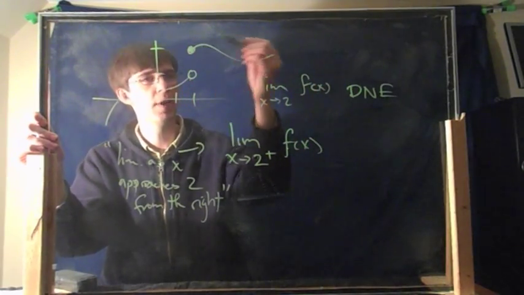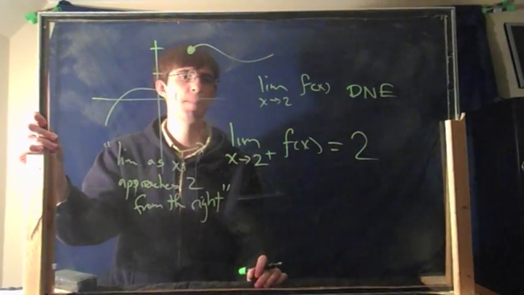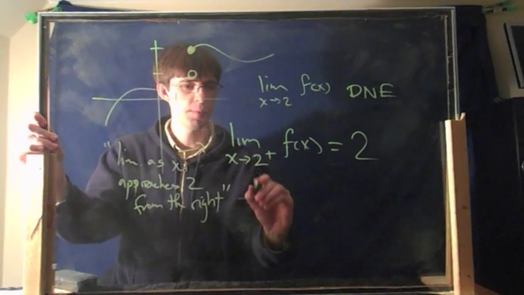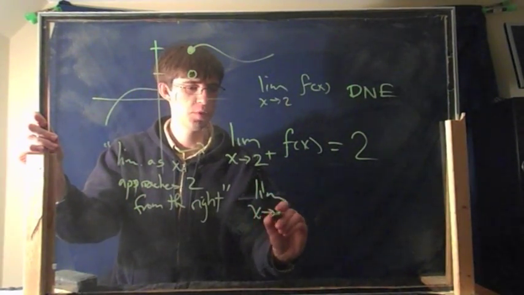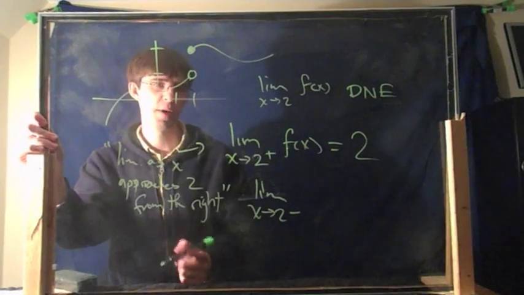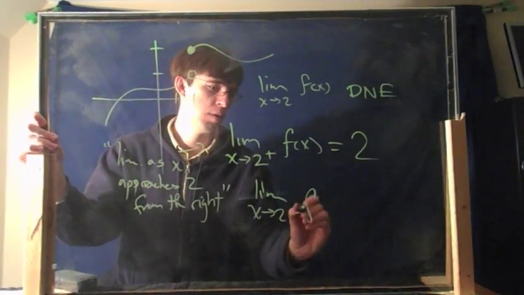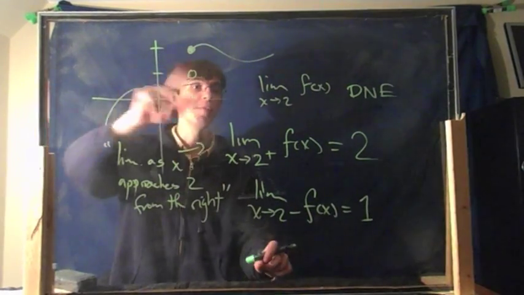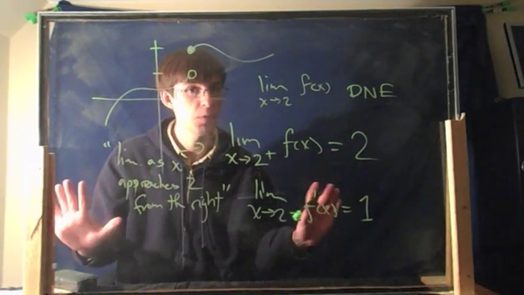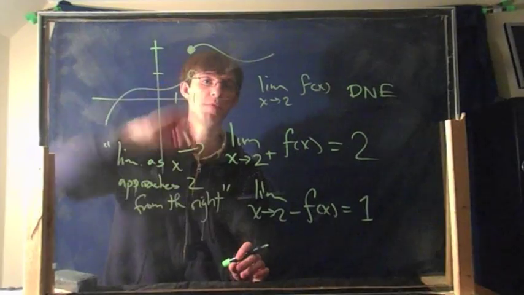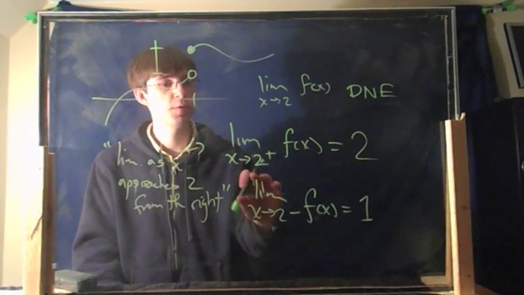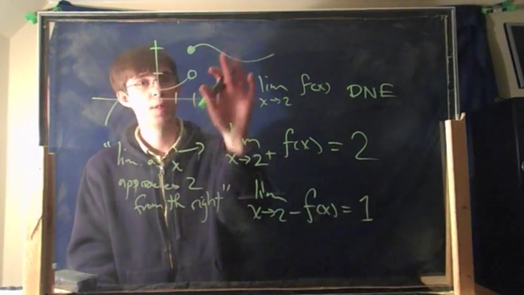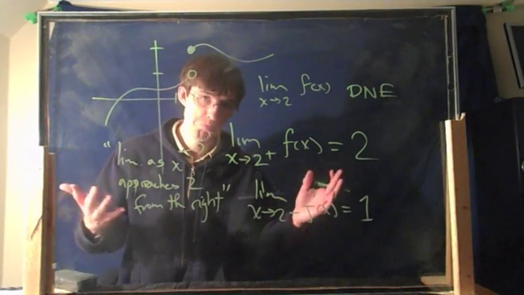You get this y value, which is 2. All right? And this is different from the curve from the left. So the limit as x approaches 2 from the left, that's what this minus means, would be 1. All right? So if I ask you the limit overall, there is no limit overall because it's two different things here. But if you want to be more specific, you can say the limit from the right is 2, limit from the left is 1. All right?